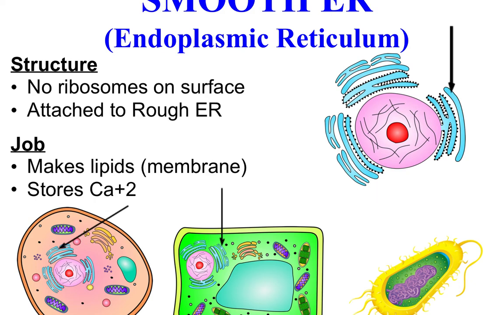The smooth ER, smooth endoplasmic reticulum, doesn't have any ribosomes attached to it. Its job is to make lipids. It also stores calcium ions for the cell. Those lipids that it makes are part of the structures that the cell will use in its membrane.